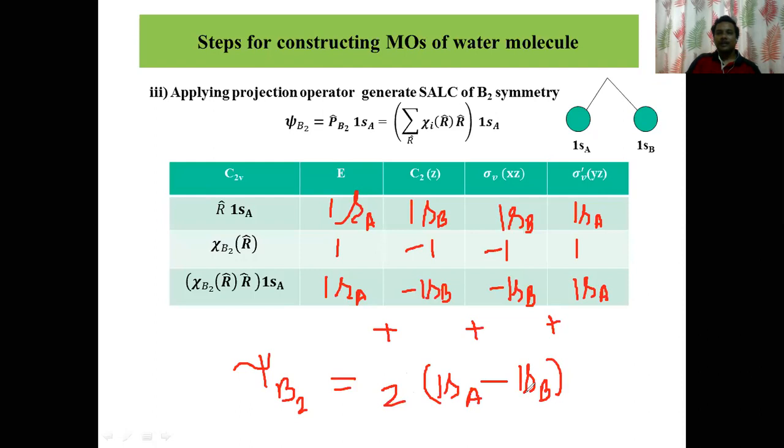Right? Again, if we normalize this, after doing the normalization, what we get is 1 by square root of 2. Right? So these are the two SALCs.